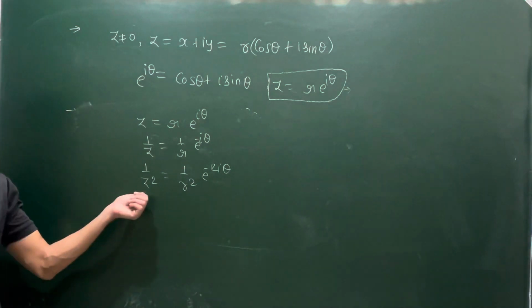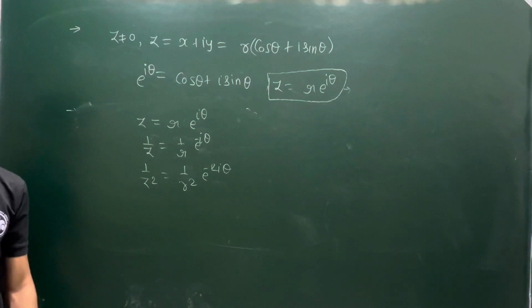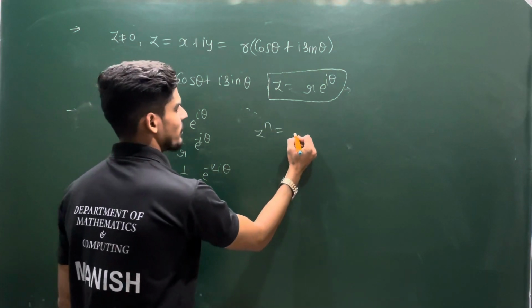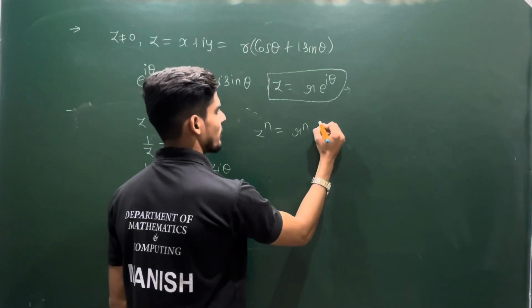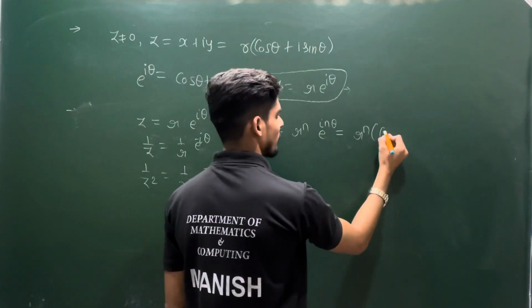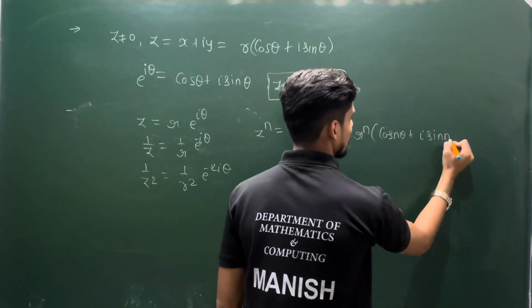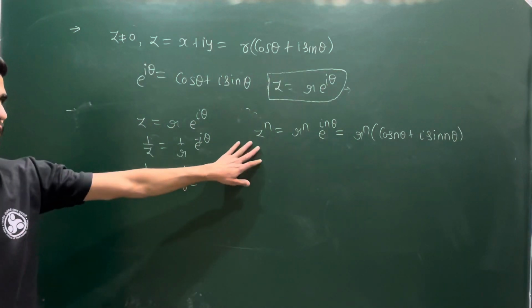So you have observed your z power minus 2. Similarly, you can also observe it for the negative integers. So this will give you z power n will be r power n e power iota n theta, which is r power n (cos n theta plus iota sin n theta). This is De Moivre's theorem, which you have studied in your school time.